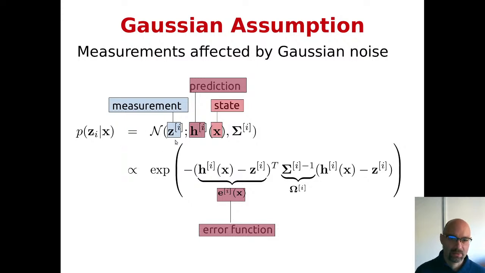This in turn becomes proportional to the exponent. We defined our error function as the difference between the prediction and the measurement, and basically this is equal to the exponent of the omega norm of the error.